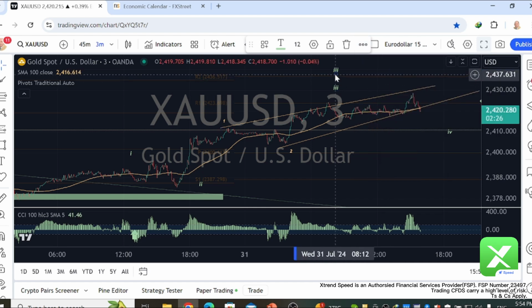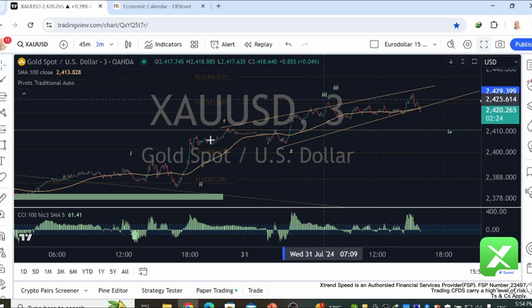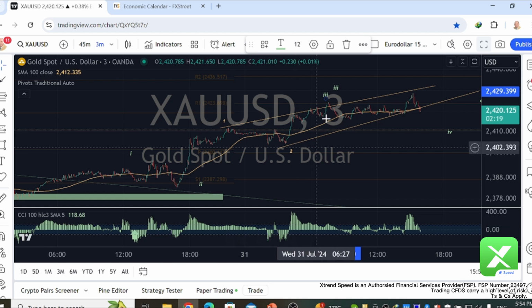Leg 3 must be the longest of the waves. And I have a very long and strong leg 1. I will take this back to 15 minutes and check on leg 1.